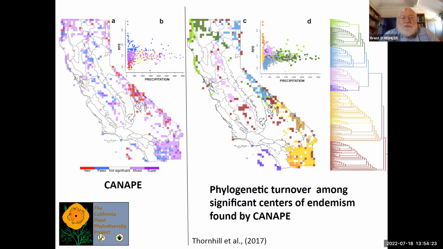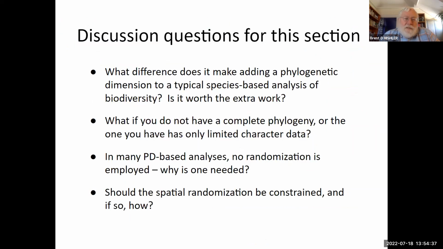And we get some very interesting information out of that kind of turnover metrics as well. So if you're interested in this topic, something you'd explore further would be beta diversity measures based on phylogeny. Next slide. So here we'll pause for any questions just about this kind of stuff, the metrics.